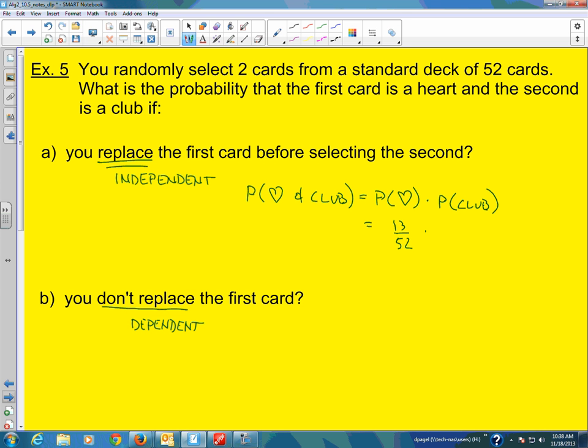And we put the card back. I go to the second person, or I just draw again myself, and I have, again, 13 clubs out of the 52 total. And here I reduce. And we get a 4th times a 4th, or 1/16.